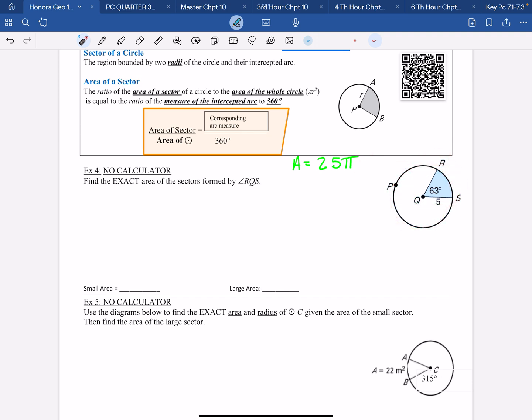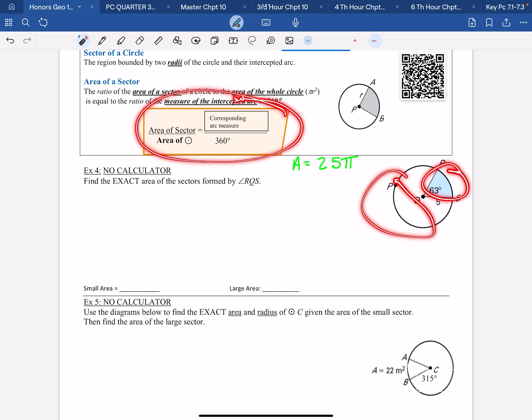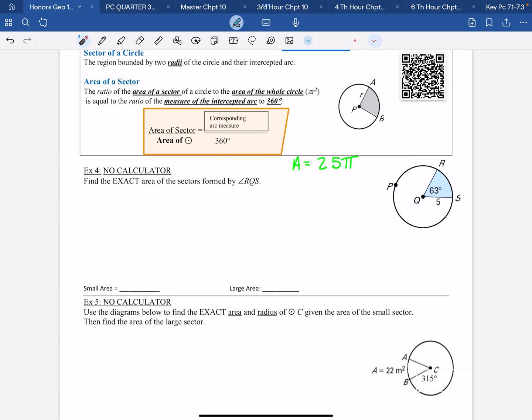Or you can solve two separate areas, the little arc's area and the big arc's area, using a proportion to solve both of them.